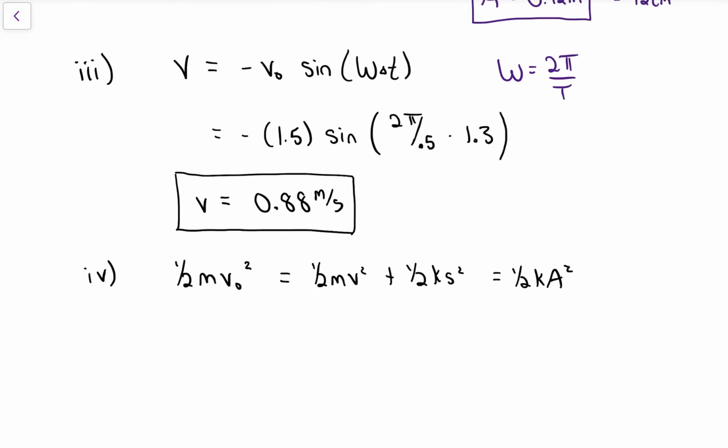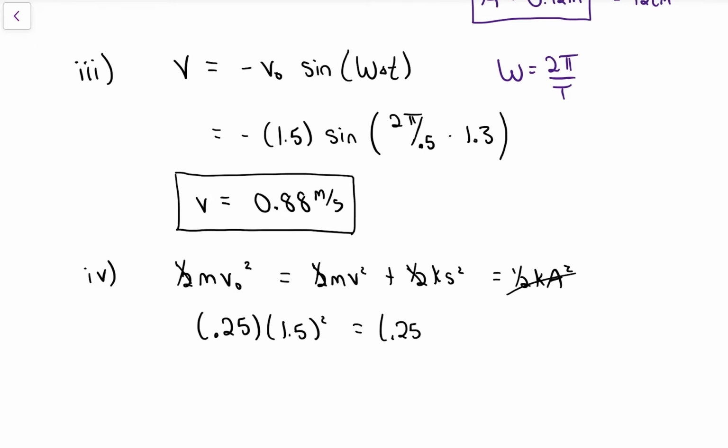Either way, I'm going to do it with the 1/2 mv squared. I can cancel out all these halves. I'm not going to worry about this one, I'm doing it the other way. From the beginning, we knew our mass was 0.25 when we put it in kilograms. The maximum speed was given as 1.5.